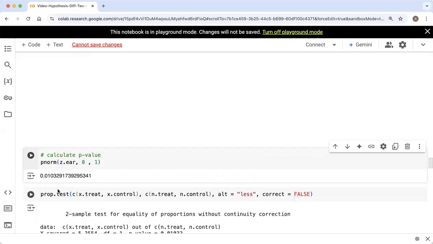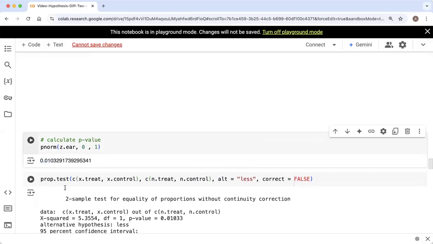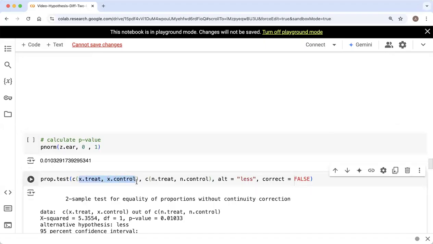0.0329. Another way that we could have done this was using the prop test function, where I enter as a vector our two x values, the number of children that got an ear infection in the treatment group and the number of children that got an ear infection in the control group, followed by the two sample sizes and what our alternative hypothesis was.